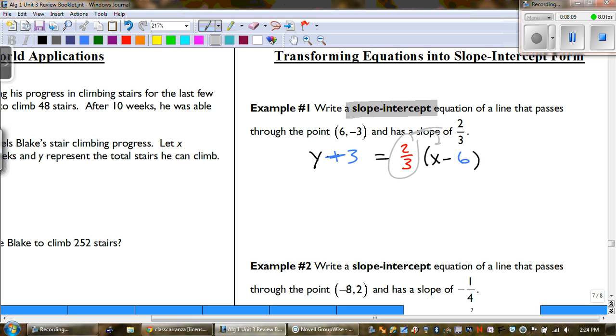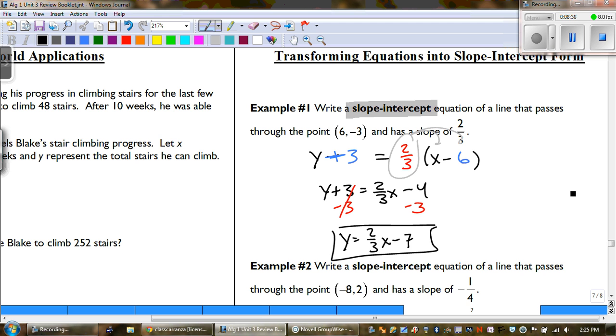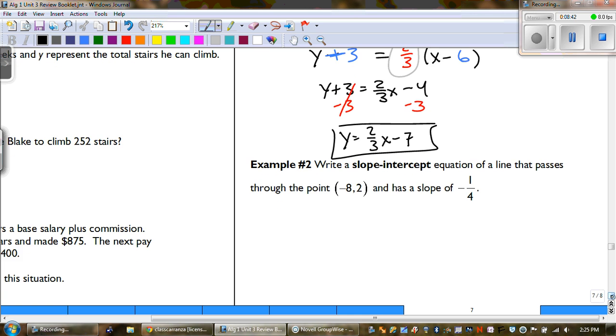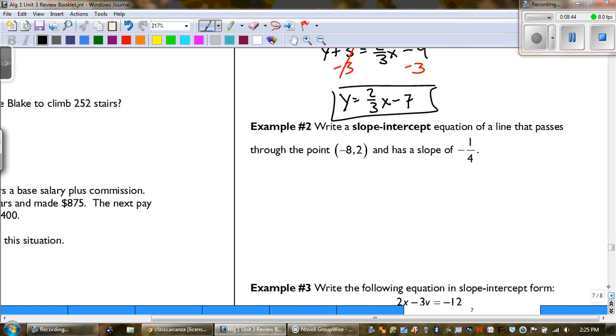Okay, so you need to practice your distributing. 2/3 x. 2 times 6 is 12, divided by 3 is 4. And then to solve, we subtract the 3, and we get y equals 2/3 x minus 7. Okay? Now, you're doing the same thing in example number 2. Why don't you guys pause the video and see if you can do that one all on your own. Good luck.